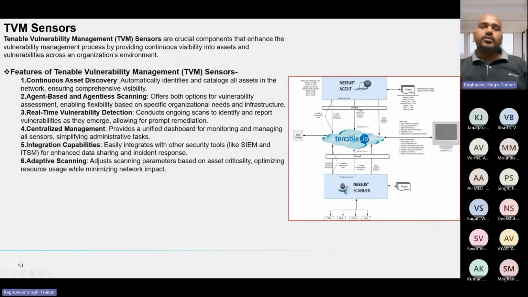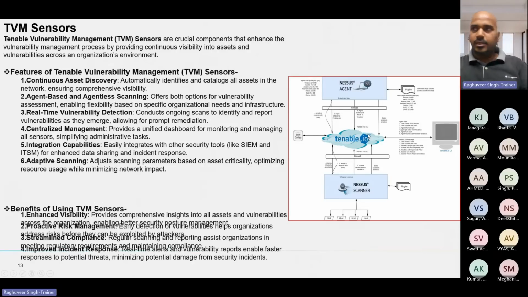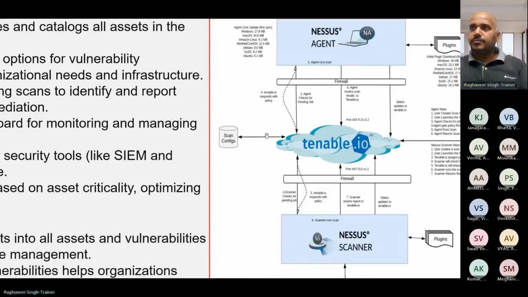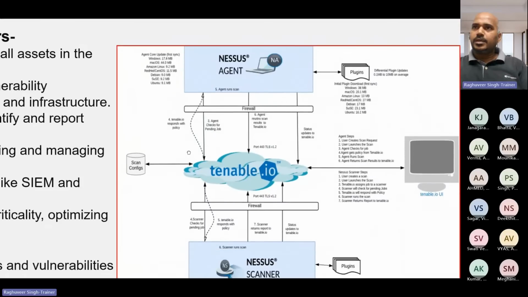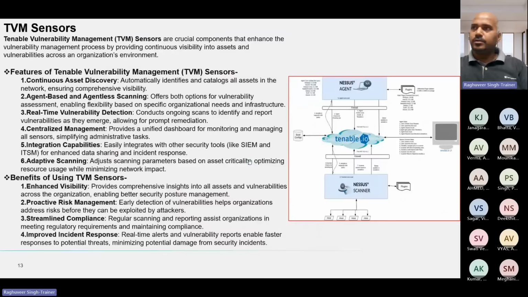So I've taken this image from Tenable documentation, which still refers to it as Tenable.io. In fact, in the URL, they still have Tenable.io. So that will take time to change. So I'll just enlarge this image because I want to explain it through this image only.